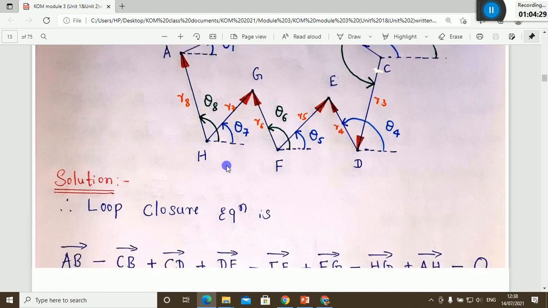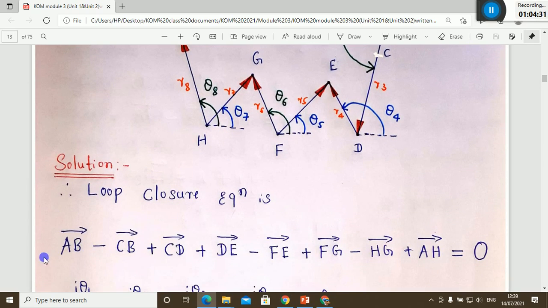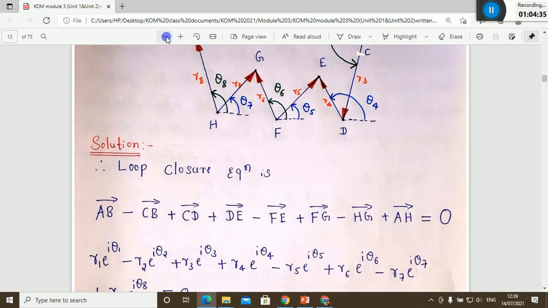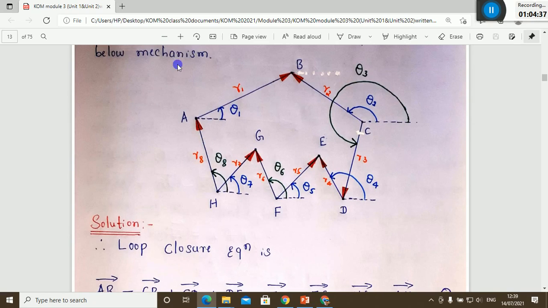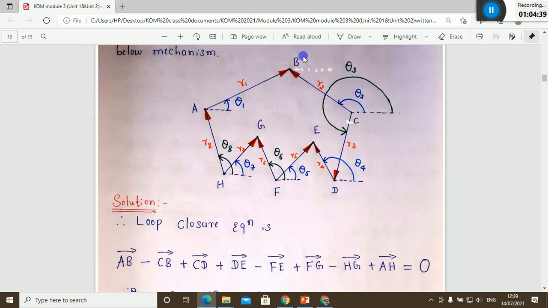So I'll give the loop closure equation, but you need to find the displacement of the vectors. First I'll start from vector AB, which is in a clockwise direction towards my right. I'll take the reference as clockwise, AB, so I can write AB as positive.